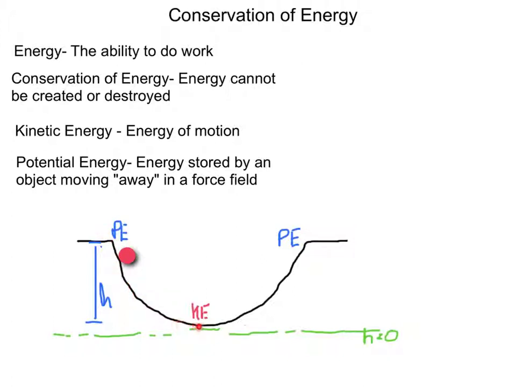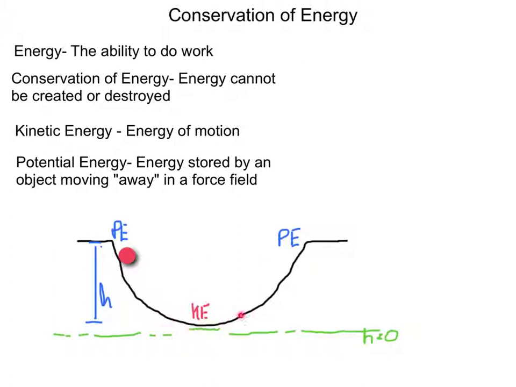And as it rolls down to the very bottom here, you have all kinetic energy. And during this time, energy is being transferred from gravitational potential energy into kinetic energy, or the energy of motion. Down here at the bottom, it's no height above the surface, so there is no potential energy. It's all now kinetic. It's moving at some velocity, some speed there.